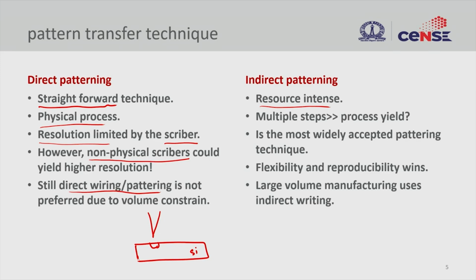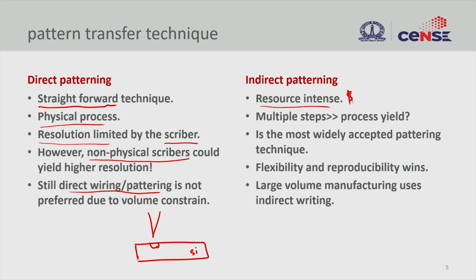So there are multiple steps involved. So that's why it is called resource intense. And when I say resource intense, it also translates to expense, right? It also becomes expensive to make patterns using indirect patterning.